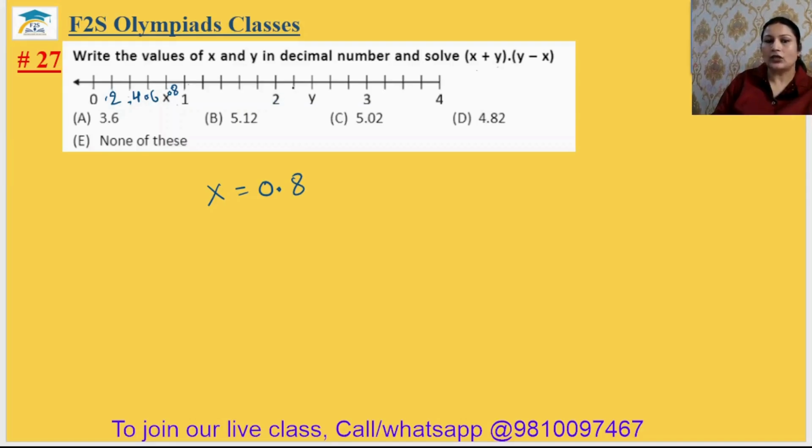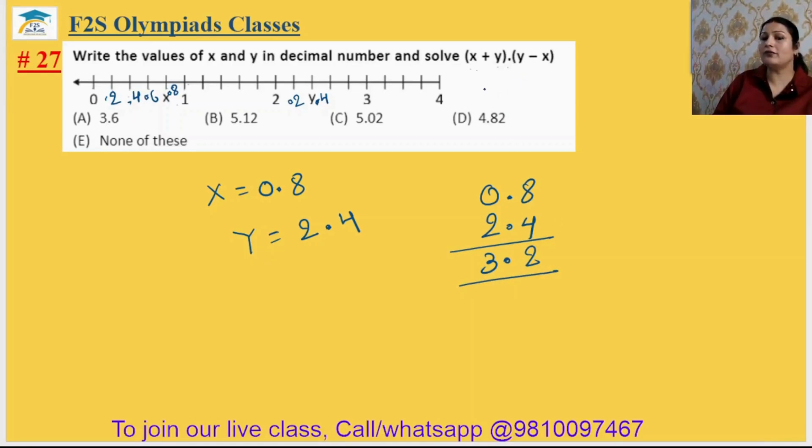And here it is, now one gap is 0.2. Another one gap is 0.2. So here y equals 2.4. X plus y will be 0.8 plus 2.4, which is 3.2. And y minus x, 2.4 minus 0.8, equals 1.6.